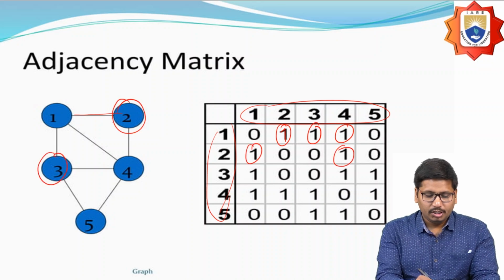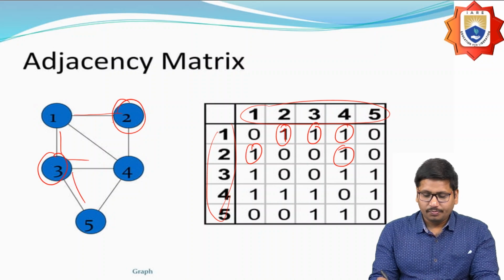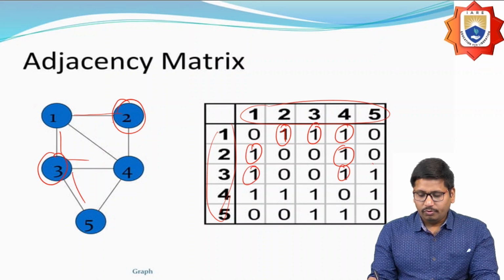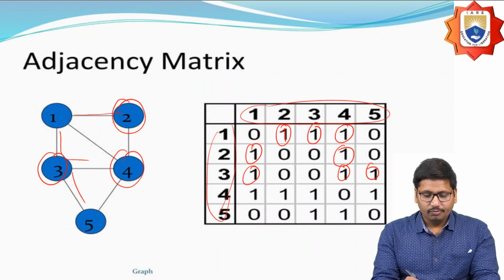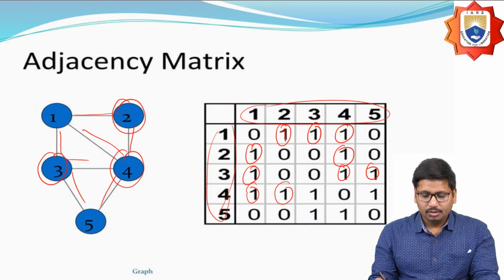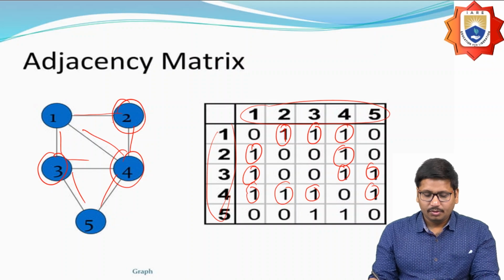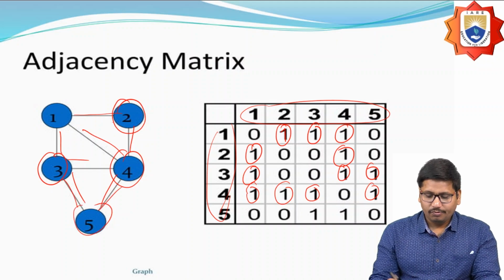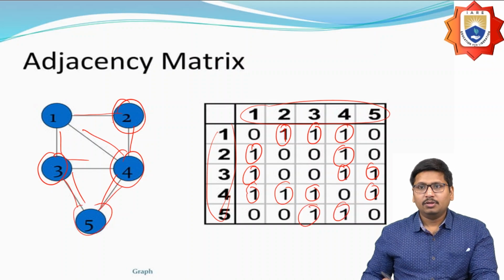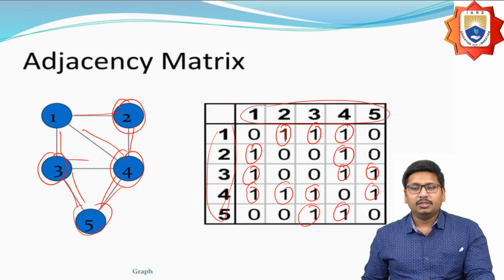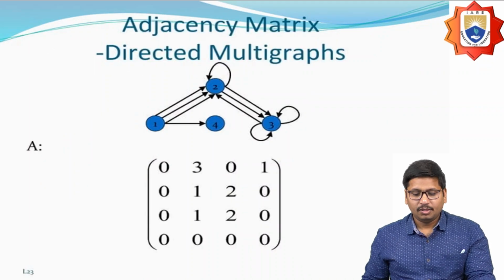If I consider 3, then 1, 4, and 5. If I consider 4, then 2, 1, 3, 5. And for 5 I have only 3 and 4. So like this I'm going to represent the adjacency matrix here.